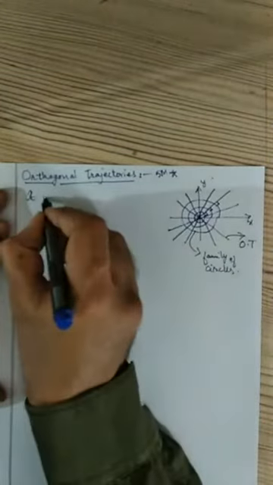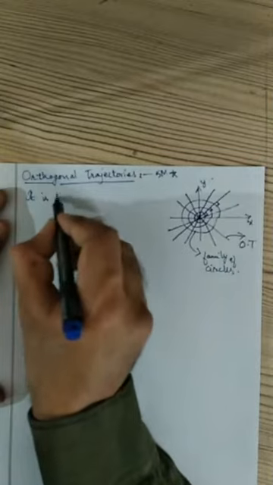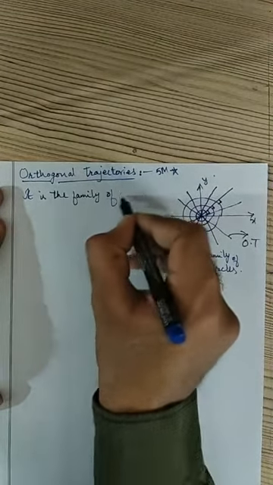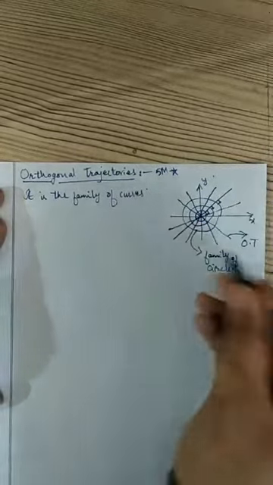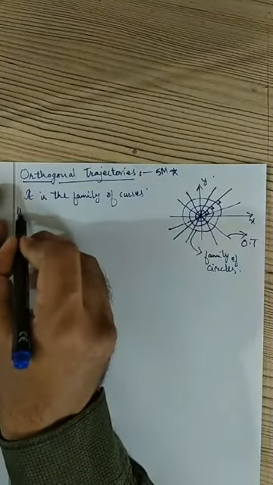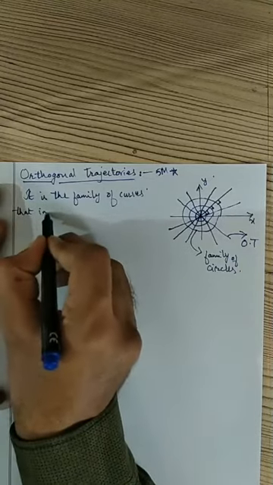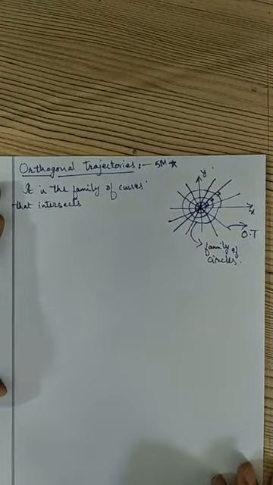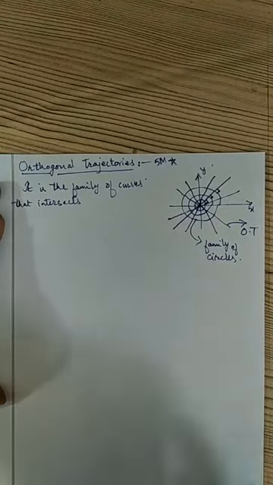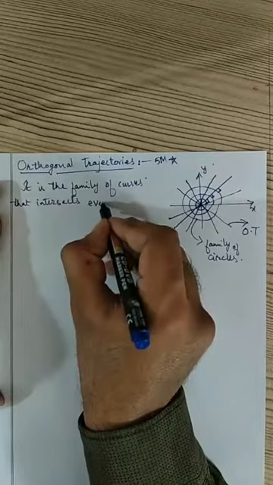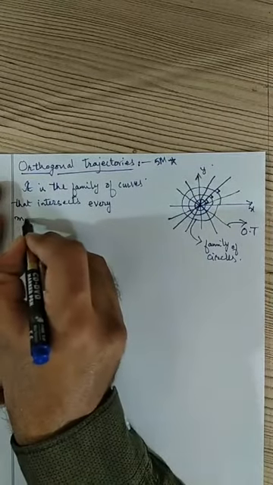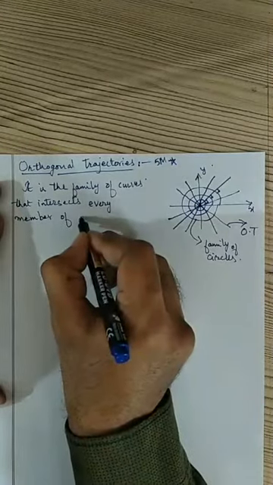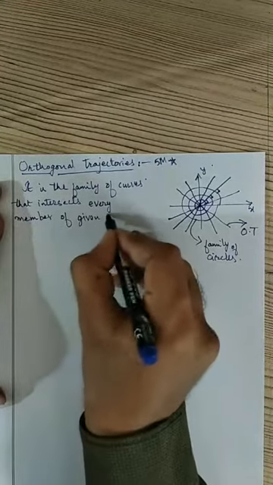So how to define orthogonal trajectory? It is the family of curves or lines that intersects every member of the given family.